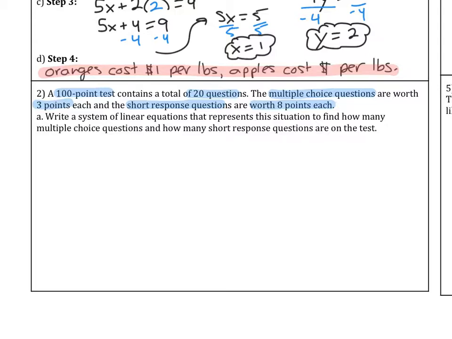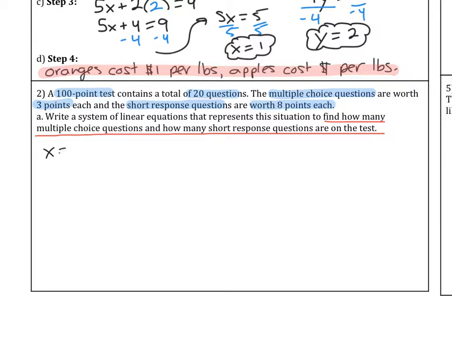So this says, write a system of linear equations that represents this situation to find, I'm going to underline this part, how many multiple choice questions and how many short response questions are on the test. So remember, our variables are going to represent the question. So first they ask, how many multiple choice questions are there?